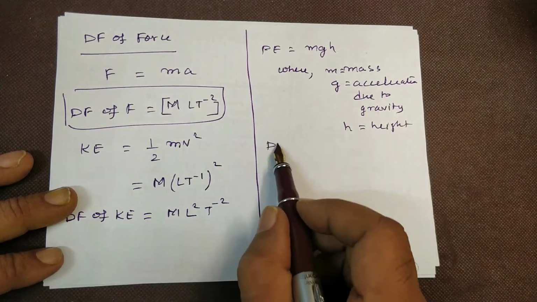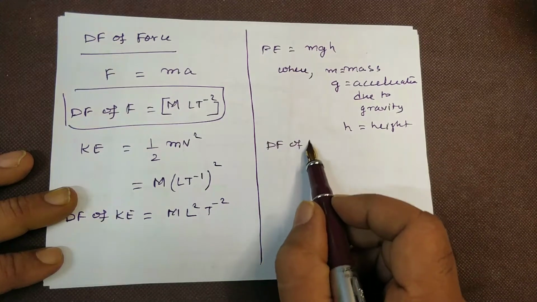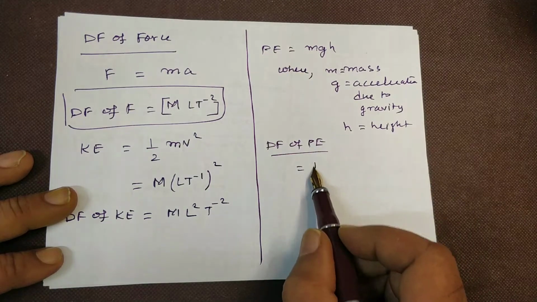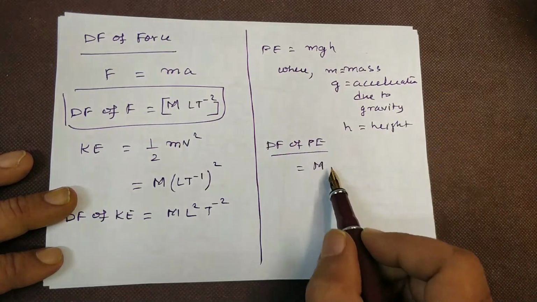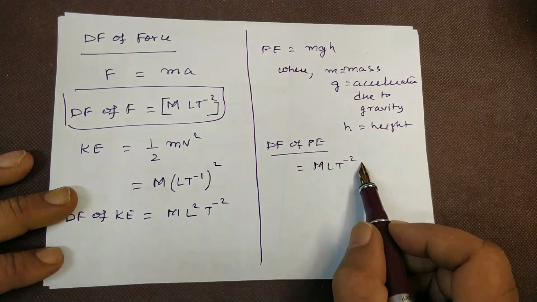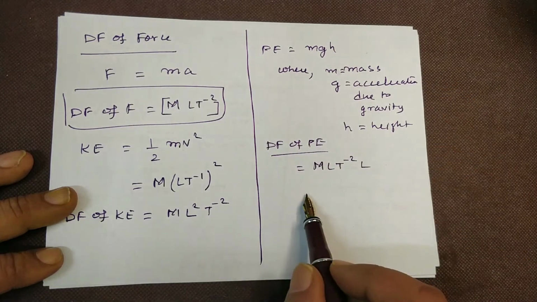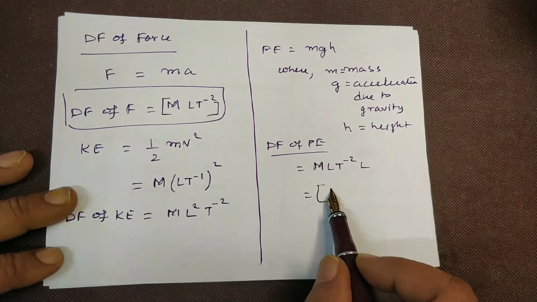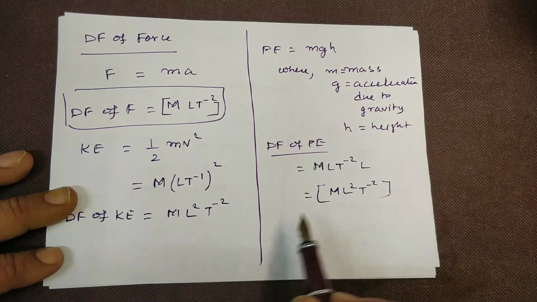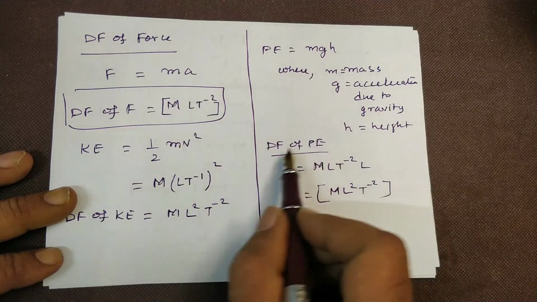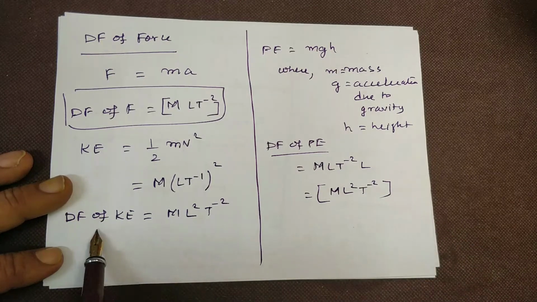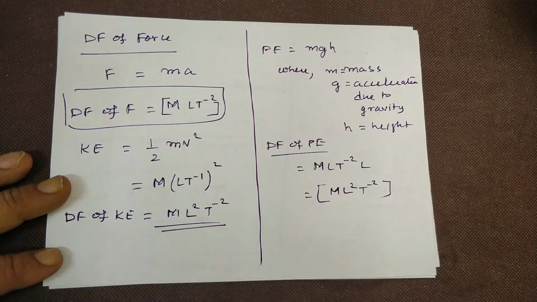So dF of potential energy is m mass, g acceleration, so L T power minus 2, h again L. Therefore M L squared T power minus 2. So you can find the dimensional formula of potential energy is M L squared T power minus 2, similar to kinetic energy.